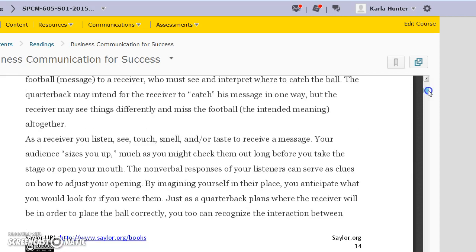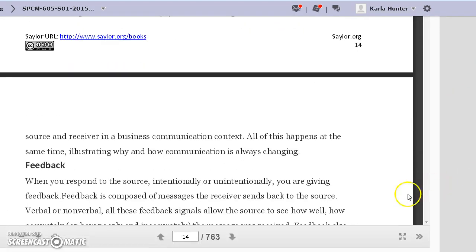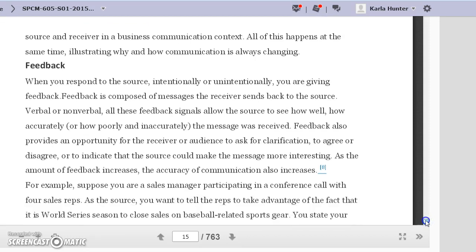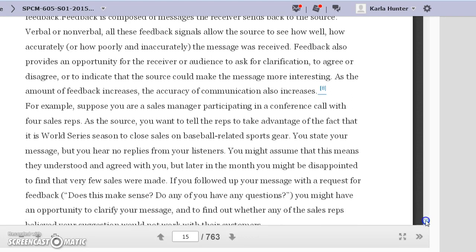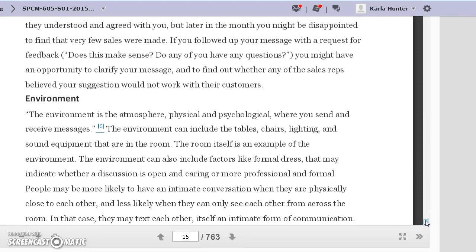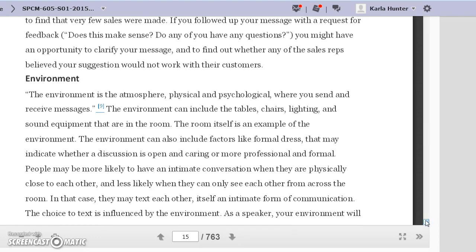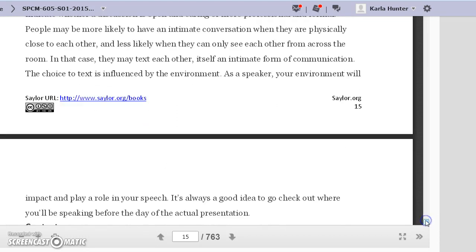And so that's something important to look at, as those 4 elements: the source, the message, the channel, and the receiver, but also that there's always feedback, that sometimes it's intentional, sometimes it's unintentional, but we might have verbal, we might have nonverbal signals that let the other person know what we think of their message, and that help keep that interaction going, or that transaction going. And then of course that it always exists within a context or within an environment that impacts it.